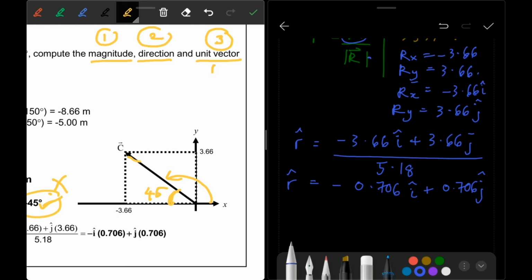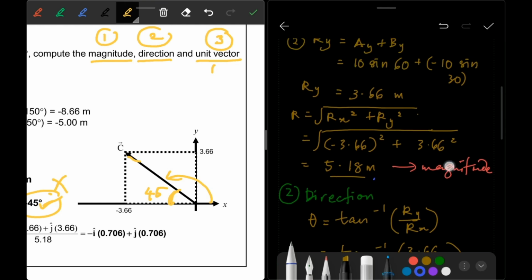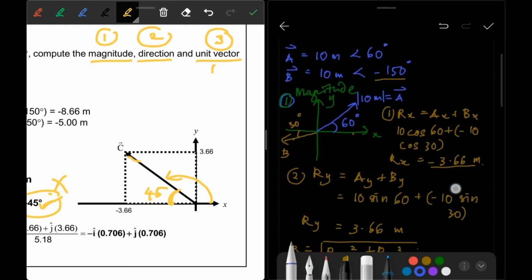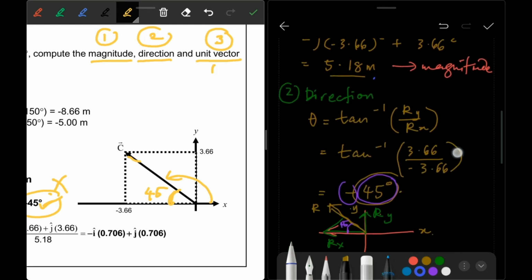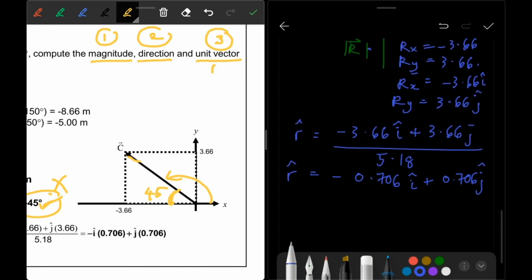So look at the solution here. You have to find the magnitude, and then the direction, and the last part is the unit vector. So it's quite long. This is only an example.